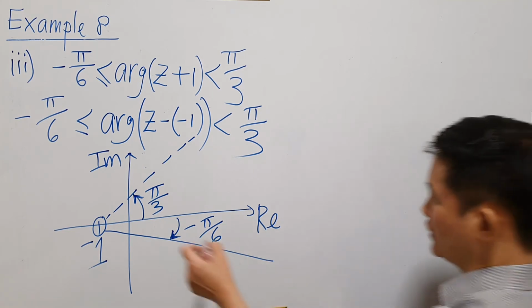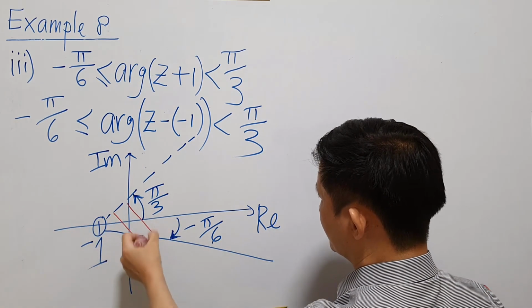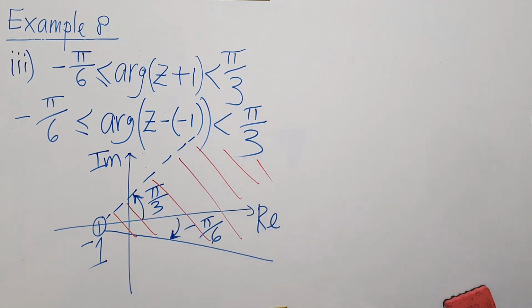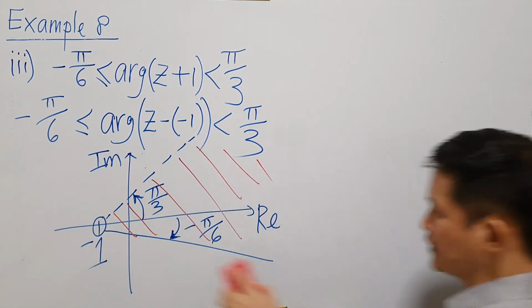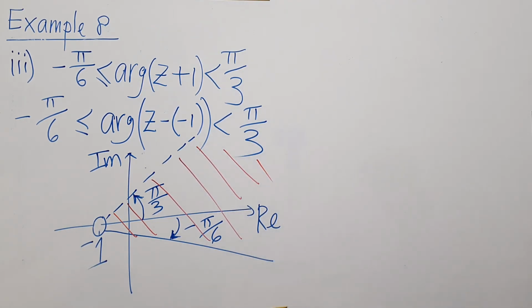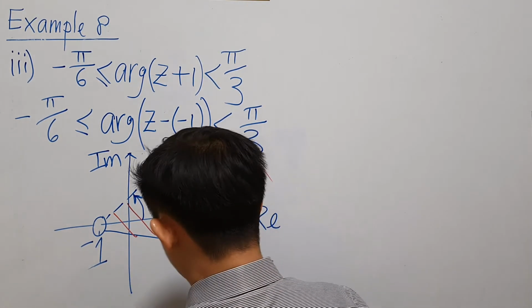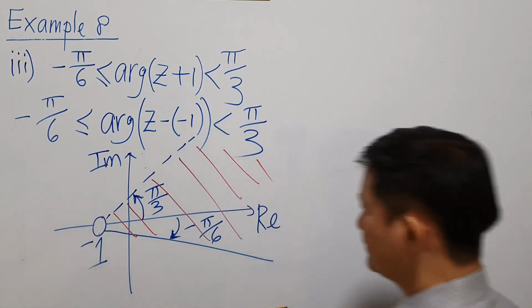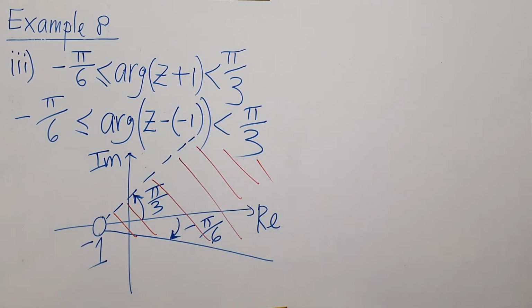You will shade all these. You want to be very careful that this point is actually exclusive. Let me draw it more carefully. This point itself is actually exclusive. So for example 8.3, it is simply a half line.